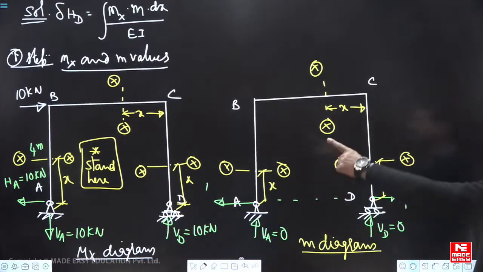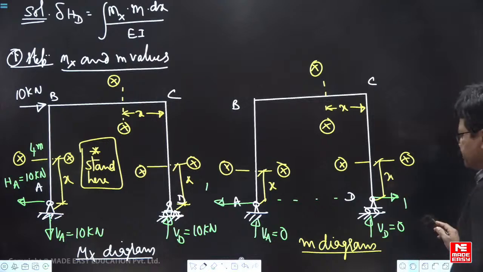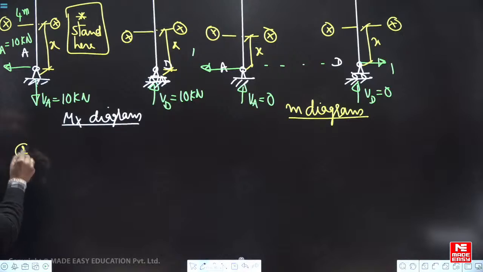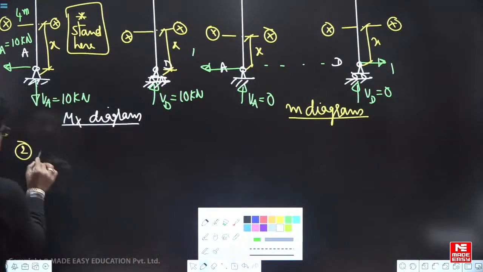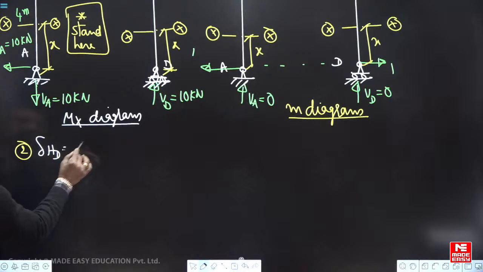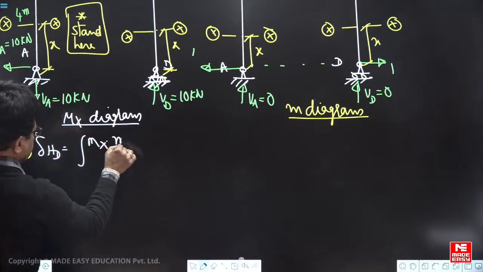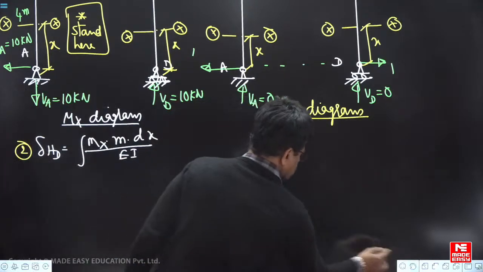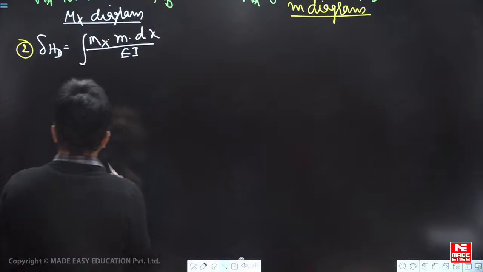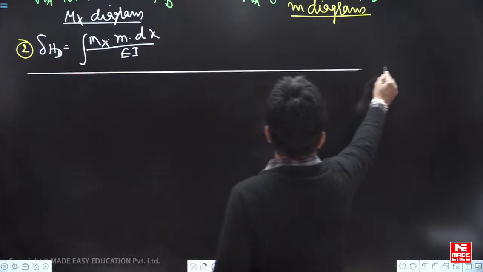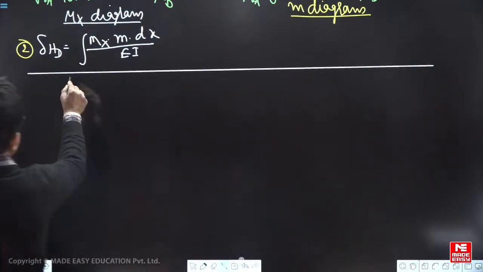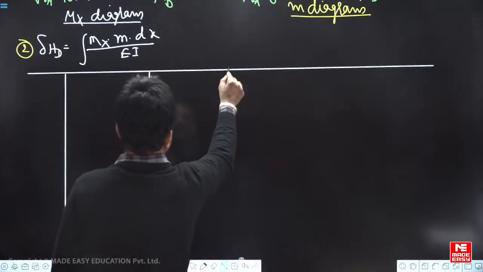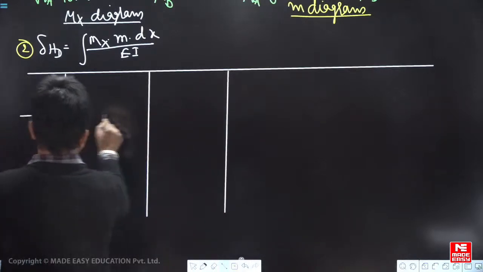Right? So now in the next step you have to multiply them. Second one, delta HD is the integral of mx m dx by EI. You will take member-wise mx m multiplication.